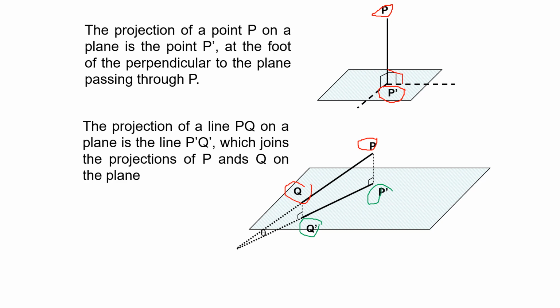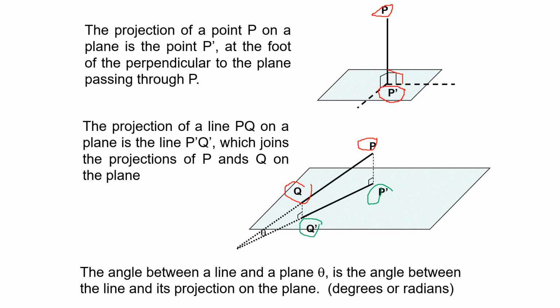It's as if it's a reflection which falls directly on the plane at the bottom of points P and Q. So the projection for the line PQ will be the line which joins P prime and Q prime. It's like a shadow that falls directly on the plane below points P and Q.